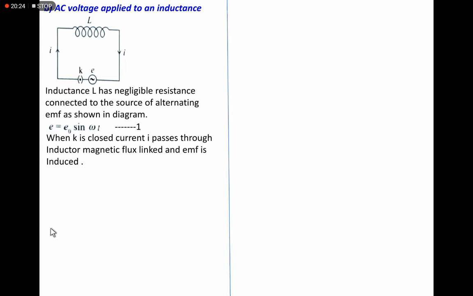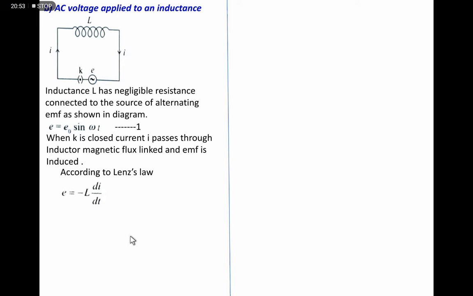Now the key is closed and current passes through the coil. Flux linked with the coil changes and EMF is induced. We already know it is the self inductance. Then according to Lenz's law, the EMF induced in the coil is the back EMF with negative sign.